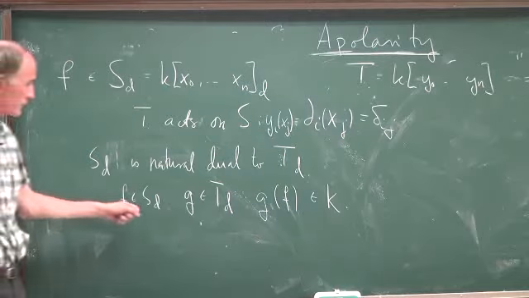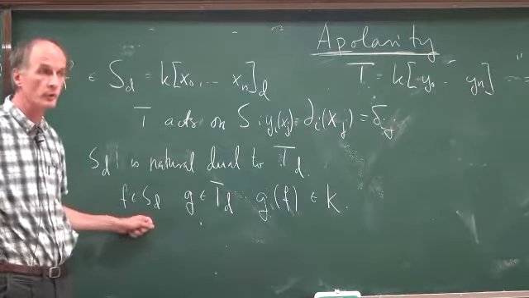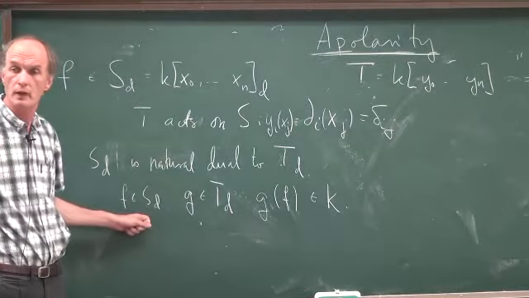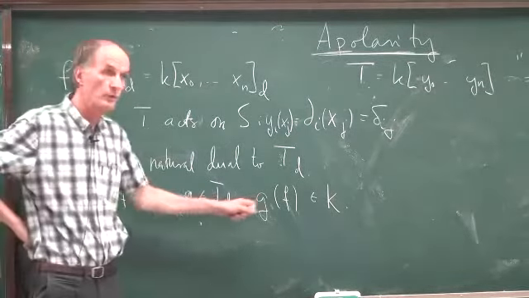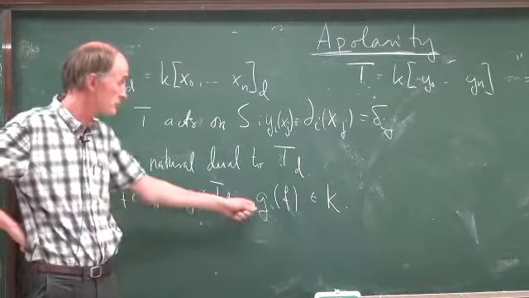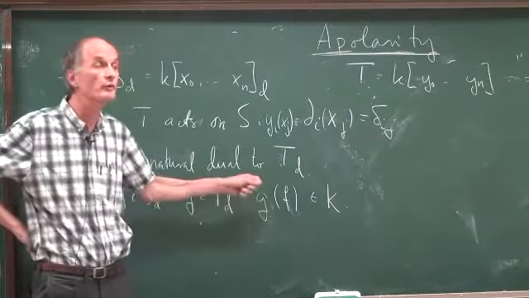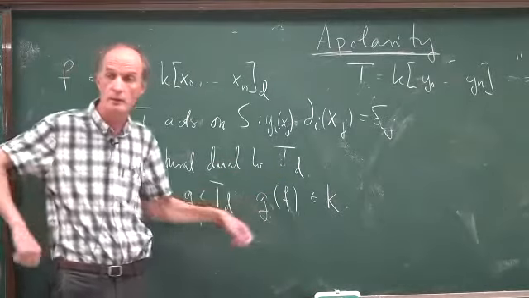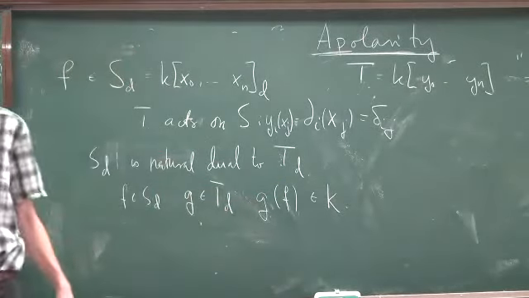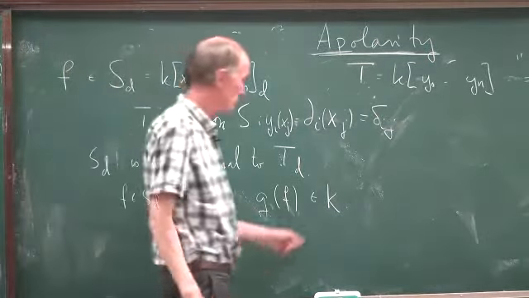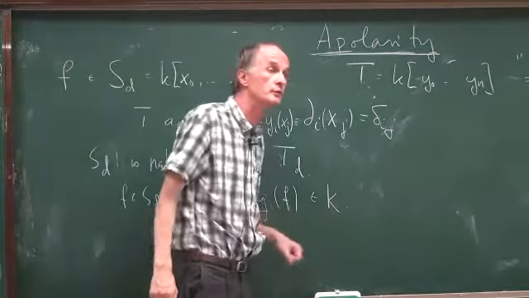If I start with a homogeneous polynomial of degree D, I take a polynomial in the partials and apply it to F. If that polynomial in the partials also has degree D, I'm talking about order D differentiation, then I get down to a constant. Every term is a constant.